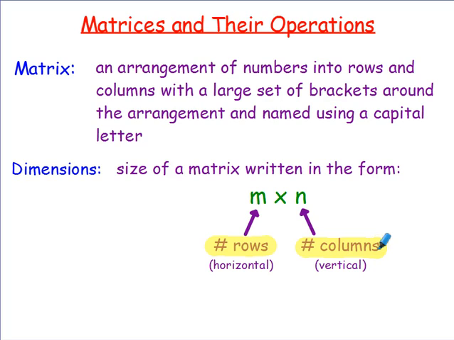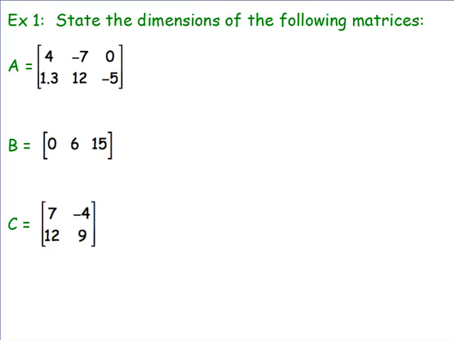So let's take a look at an example of that. For these three problems, we are simply asked to state the dimensions. So again, we need rows first by columns. Rows go horizontally, so there are 1, 2 rows. Columns go vertically, there are 1, 2, 3 columns.